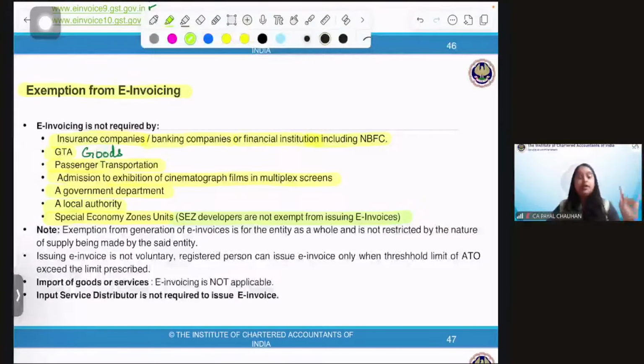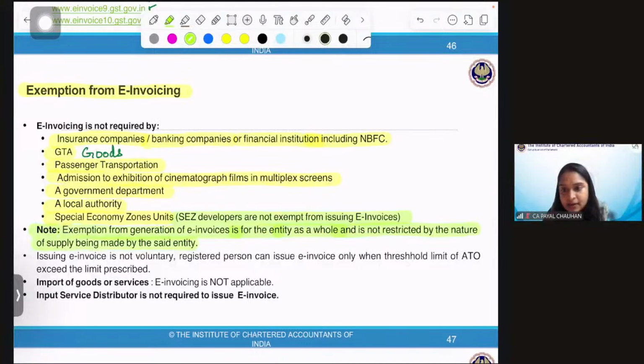E-invoicing has been exempted only for special economic zone units. If you are a SEZ developer, then this exemption is not applicable. Now note, exemption from generating e-invoice is for the entity as a whole, and is not restricted by the nature of supply being made by the said entity.